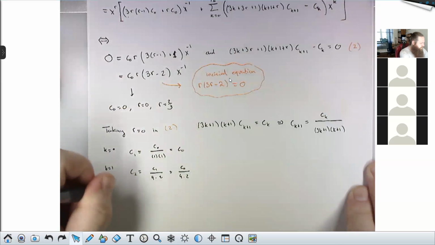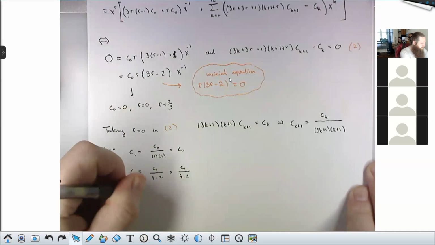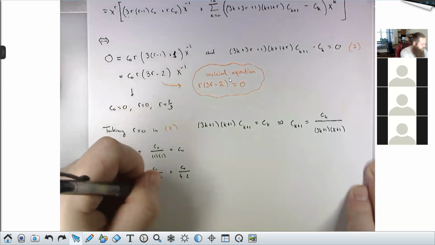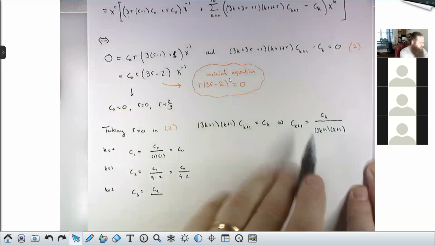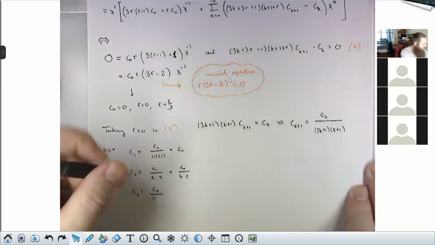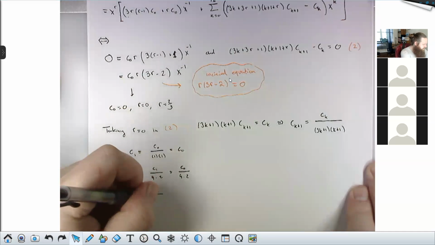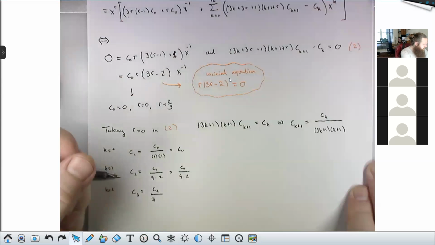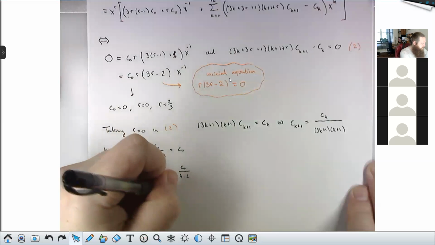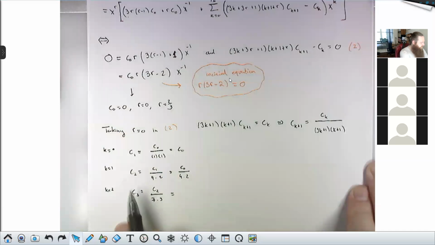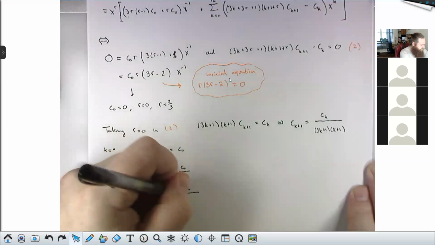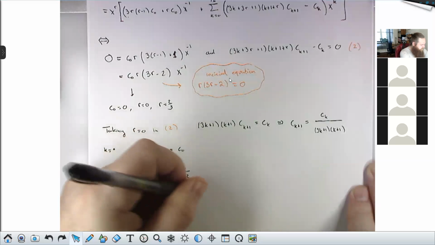Taking k equal to 2, I get C3 equals C2 over 6 plus 1 is 7, times 2 plus 1 is 3. And then C2 is known, that's C0 over 4 times 2, so that's C0 over 7 times 3 times 4 times 2.